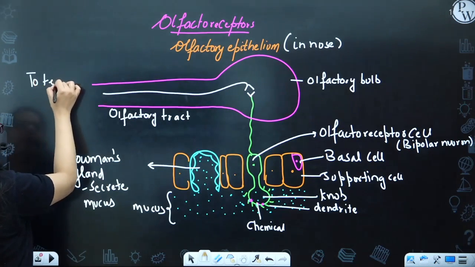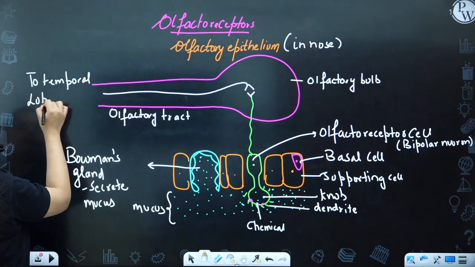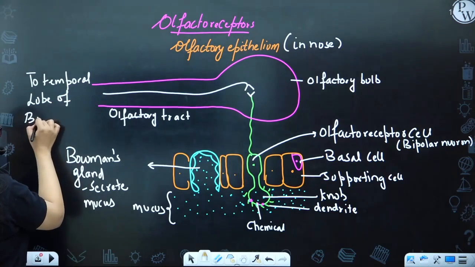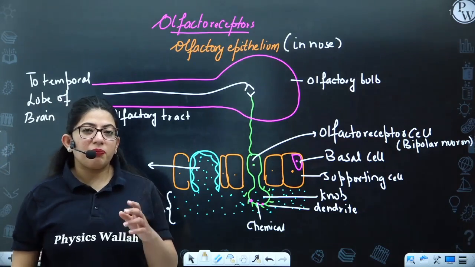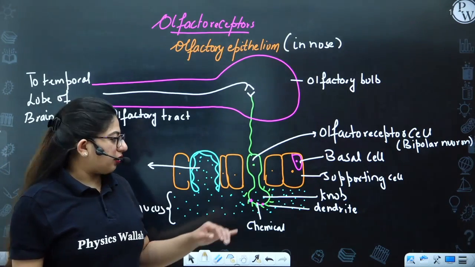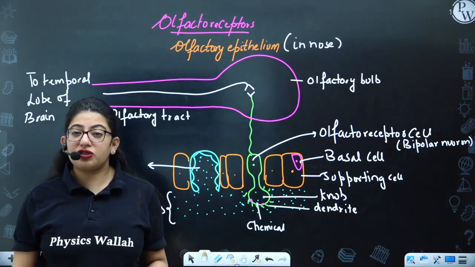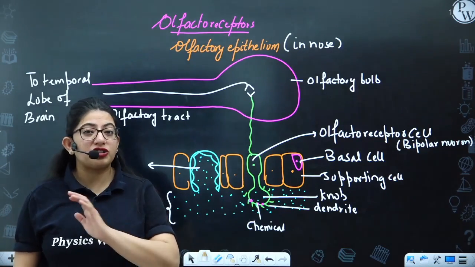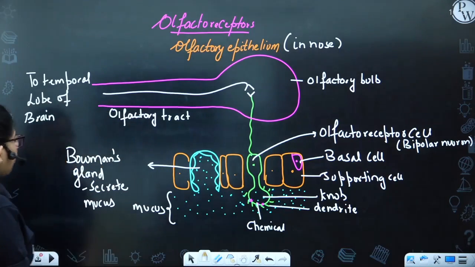Which part of the brain? To the temporal lobe of your brain. So this is how you smell. Some people who smoke a lot have their olfactoreceptor cells damaged. That's why the sense of smell in chain smokers is quite less. So that's about the olfactoreceptor.